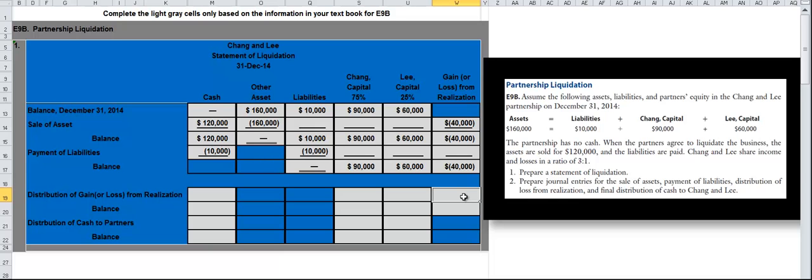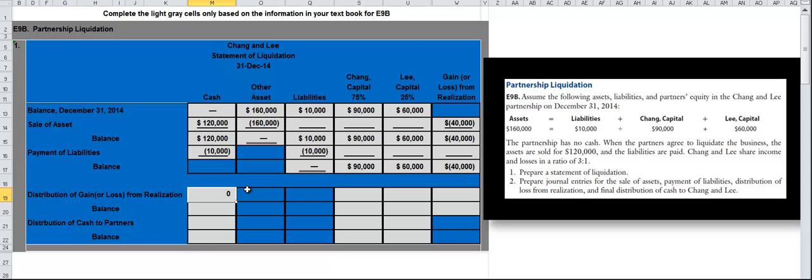And we need to figure out how Chang and Lee are going to share the loss. Well, they're going to share it, Chang 75% and Lee 25%, which was their initial partnership agreement to share gains and losses at that rate. So nothing's going to include cash. This is not a cash transaction. We're just transferring the loss within the capital account.